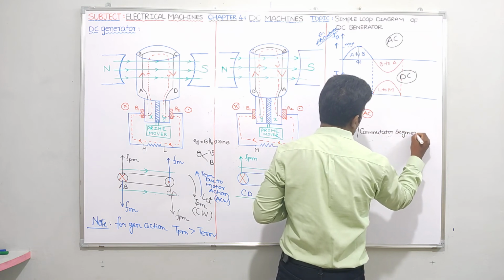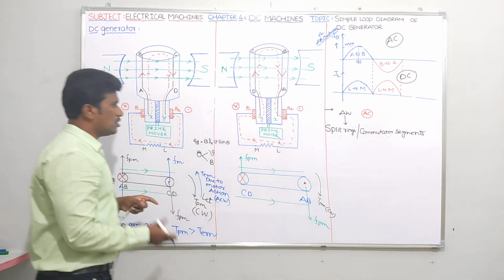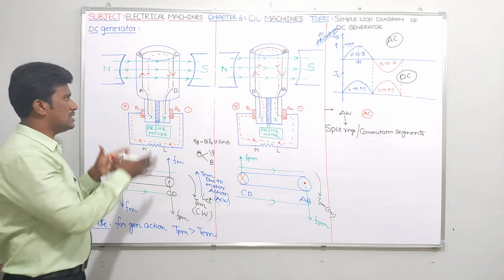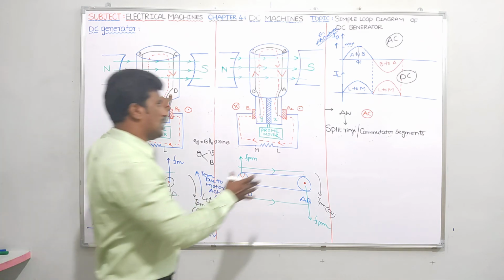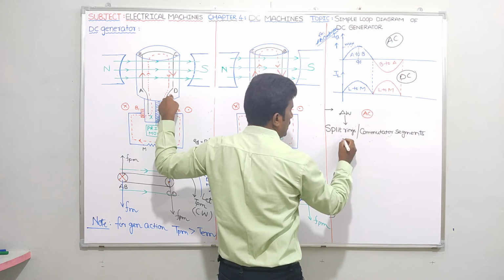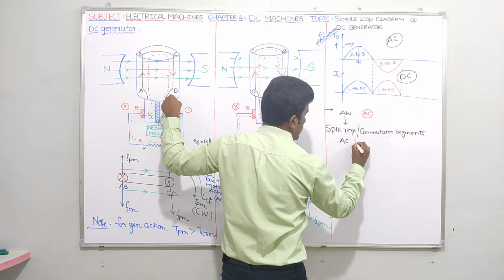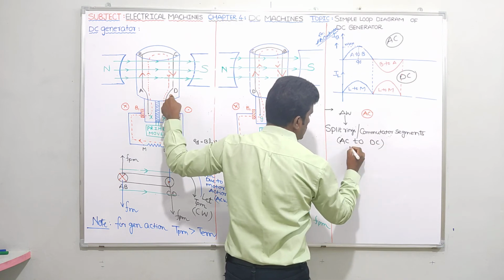Okay, a group of commutator segments can be called a commutator. Now tell me what is the function of split rings or commutator segments in a DC generator? It converts the AC induced in the armature winding to DC.